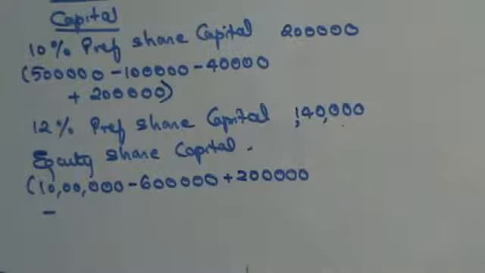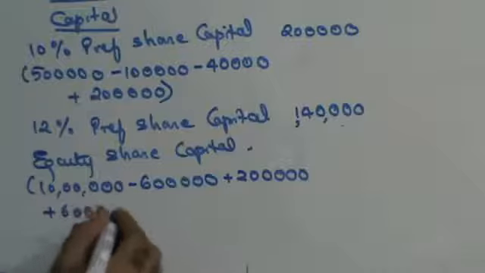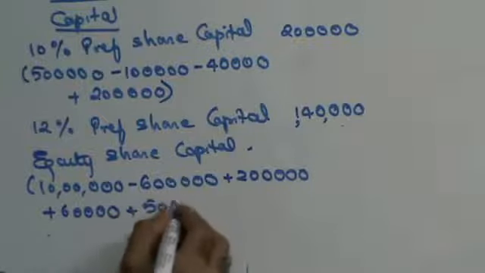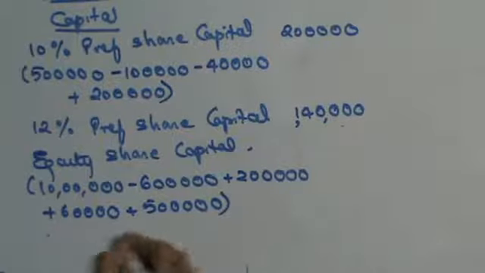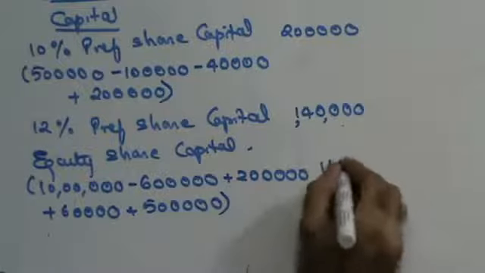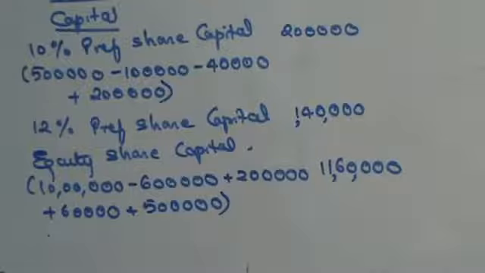Then on the credit side, 60,000. Add 60,000. Then on the credit side, 5 lakhs. Add 5 lakhs. That's it. Right? So 4, 6 and 5, 11. 11 lakhs, 60,000. Right? Then you have reserves and surplus.